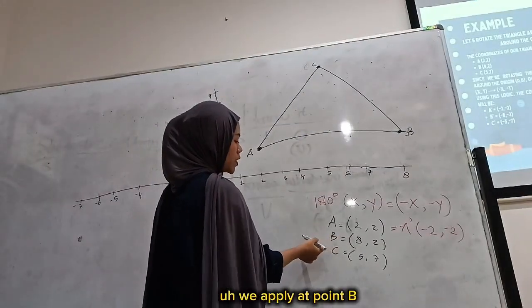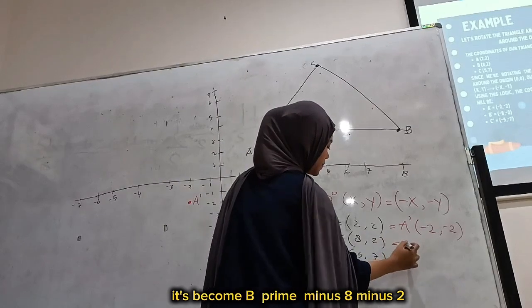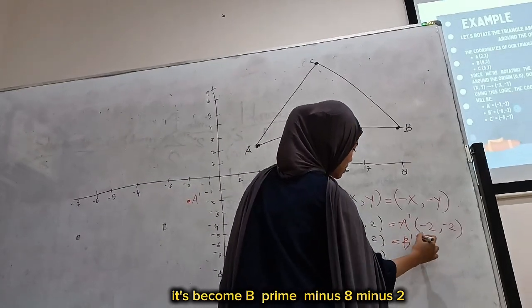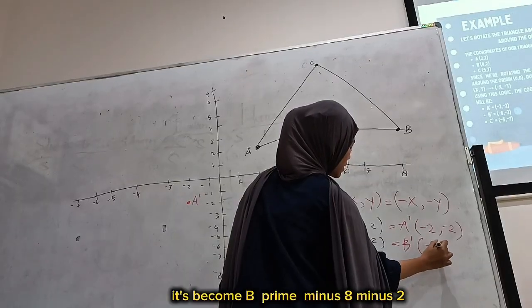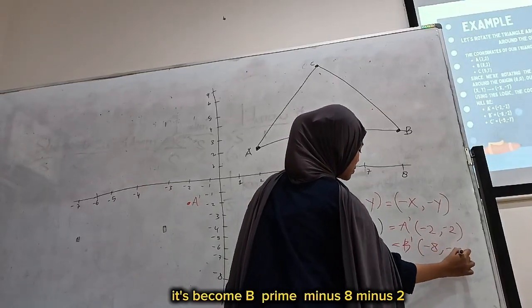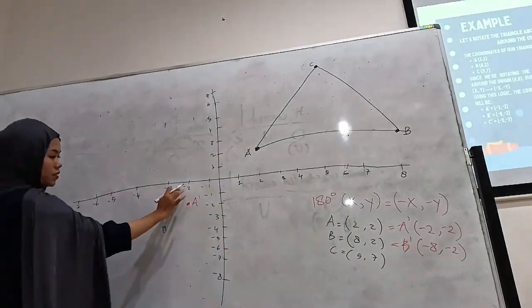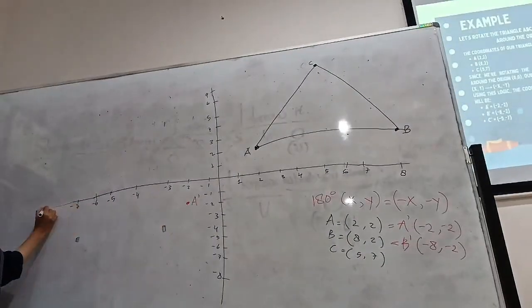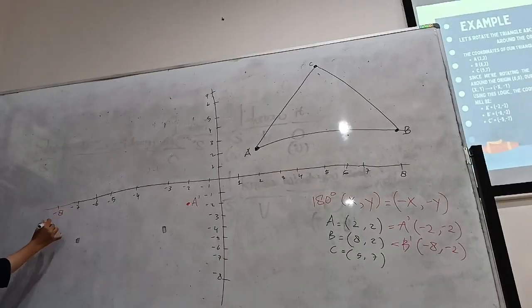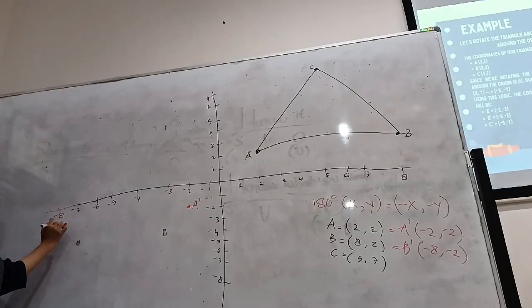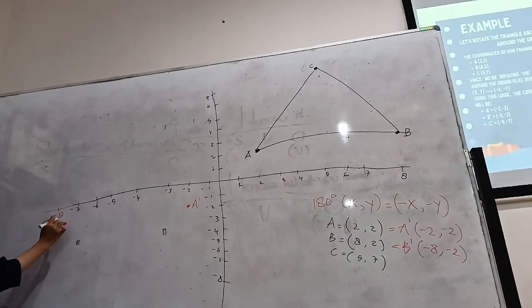We apply the rule at point B. B prime is (-8, -2). Where is it? B prime, (-8, -2), in here. Yes, B prime.